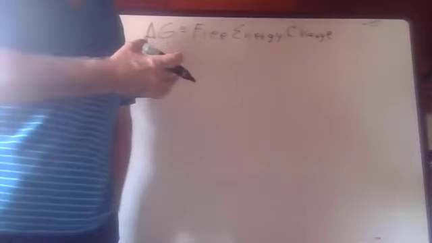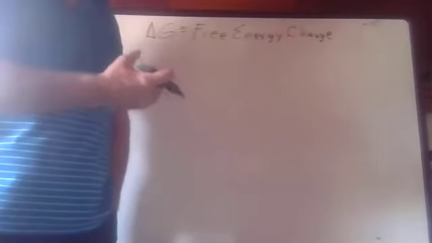So delta G is free energy change. Sometimes it's called a chemical potential, and it can be understood as the potential energy that a chemical reaction contains before it goes to products, at whatever point you're considering.